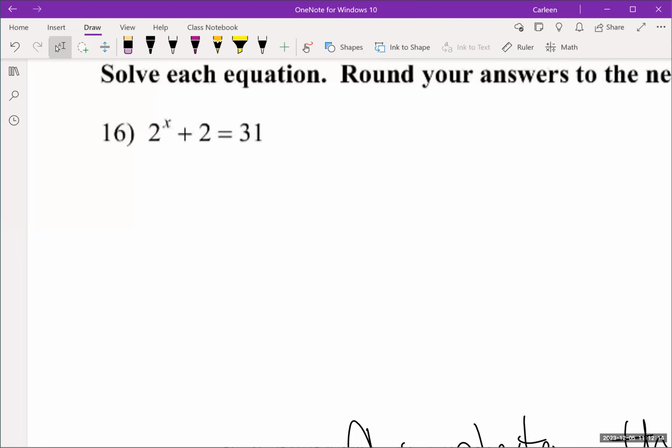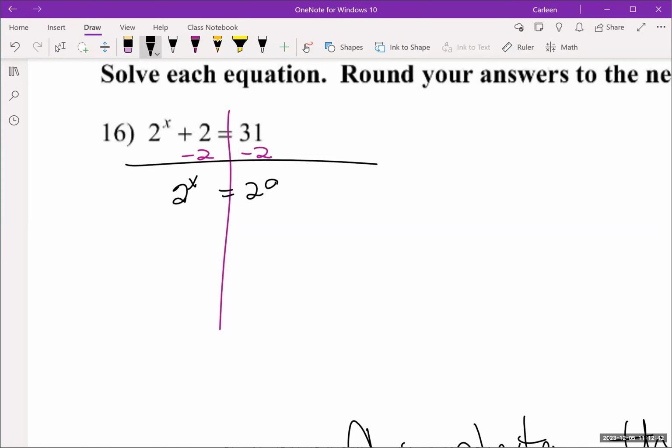Okay. Now, even though you do not know how to solve exponential equations, you can tell me the first step. Even though you don't know what to do with the exponential, obviously, the first step is subtract 2. So 2 to the x is equal to 29.